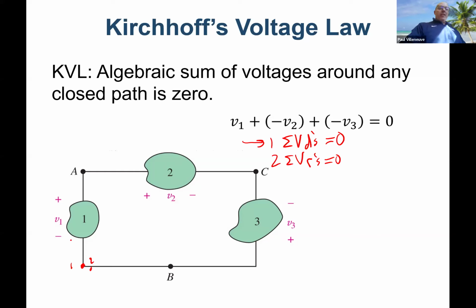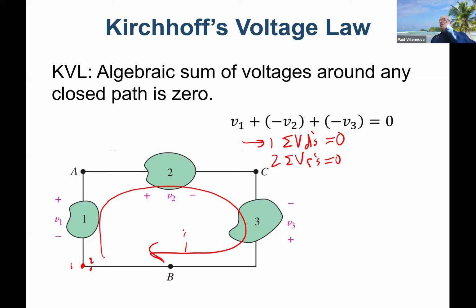Because if I look over here, V1, in my current direction, so I'm assuming a loop current in that direction. V1, in the direction of current, I go from a lower potential to a higher potential. That's a voltage rise, isn't it? But a voltage rise is not a voltage drop. It's a negative voltage drop. So that becomes negative V1. A rise in voltage is a negative voltage drop.